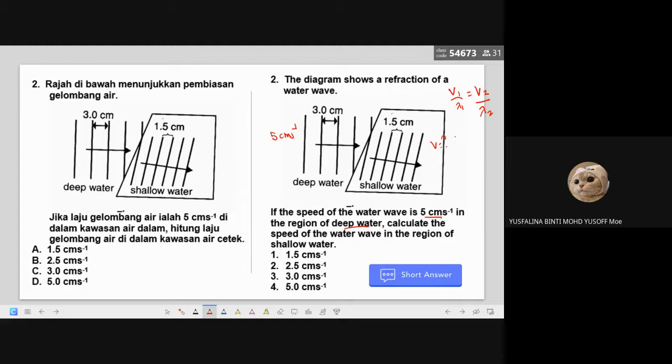V1 is 5, lambda 1 is 3, and it equals V2 over lambda 2, which is 1.5. So you just cross multiply, you get 7.5 equals 3 V2. So V2 you will get 2.5. So the answer should be B. Very good, most of you got answer B.